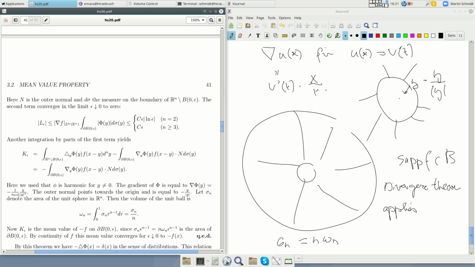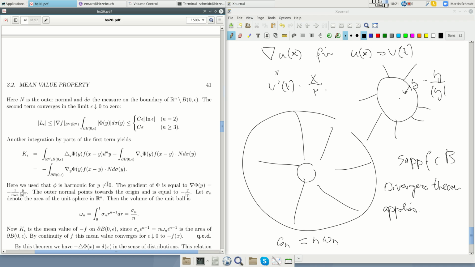if we multiply this by the outer normal, then we get plus y squared divided by y to the power of n minus 1. Y squared is of course, so we get just the area.